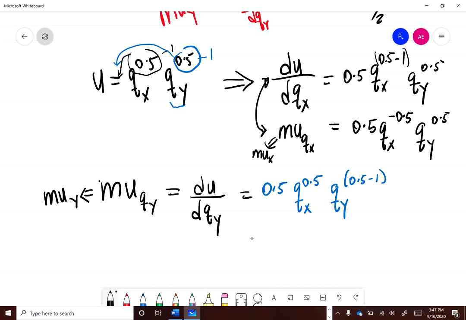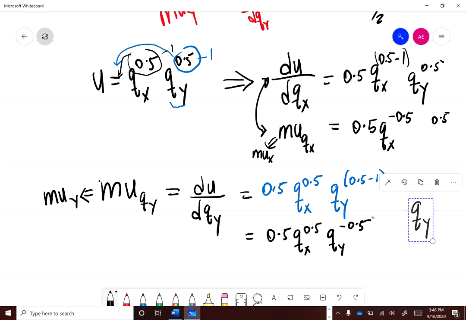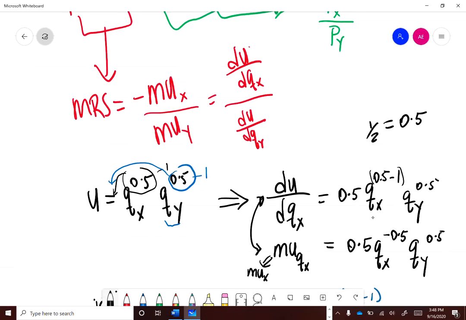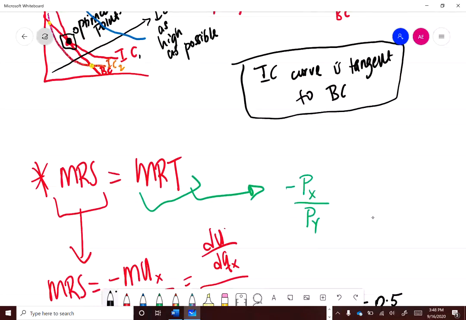So this will end up being equal to 0.5 qx to the power of 0.5 qy to the power of negative 0.5. We've gone through quite a bit of calculation here, but remember, we've taken our time. We've gone through this step by step, so ensure that nothing is lost in the communication.